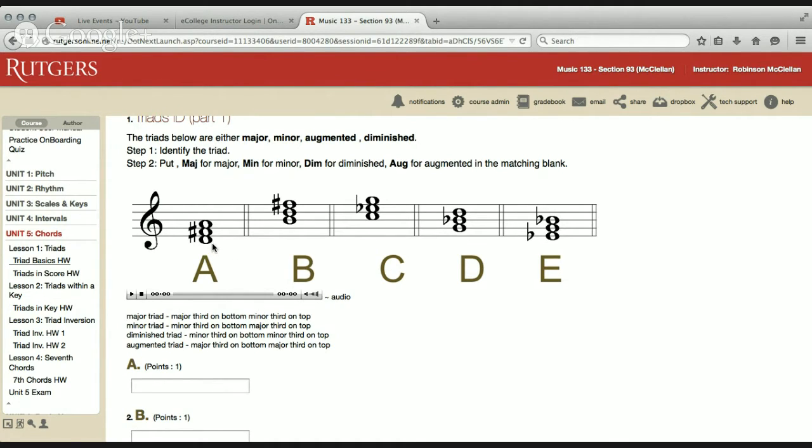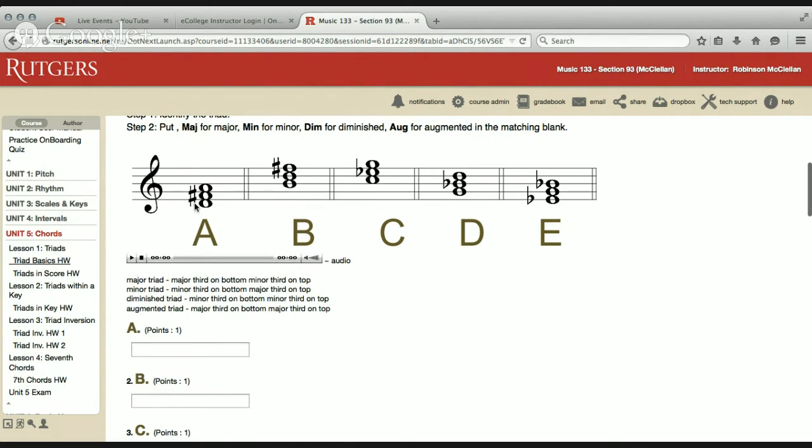In this stacked thirds format, the notes are all on adjacent spaces or all on adjacent lines. If you're a total interval ninja, you can tell that this is a perfect fifth, and that narrows down the possibilities.